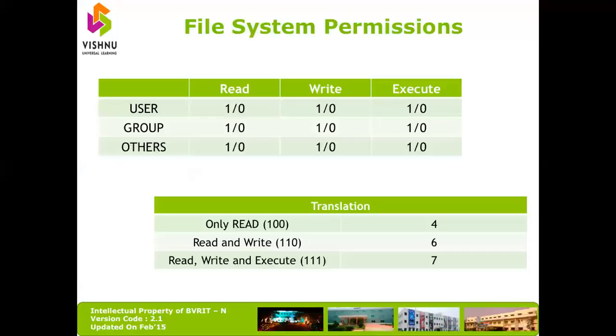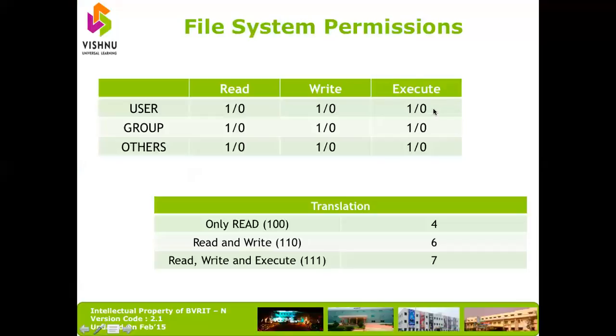Now, if I have to give permission to a user for read, write, or execute, I have to mention either 1 to give the permission or 0 not to give it. Say I have to give only read permission for a user. I'll mention 1, 0, 0: 1 for read, 0 meaning no write, and 0 meaning no execute.